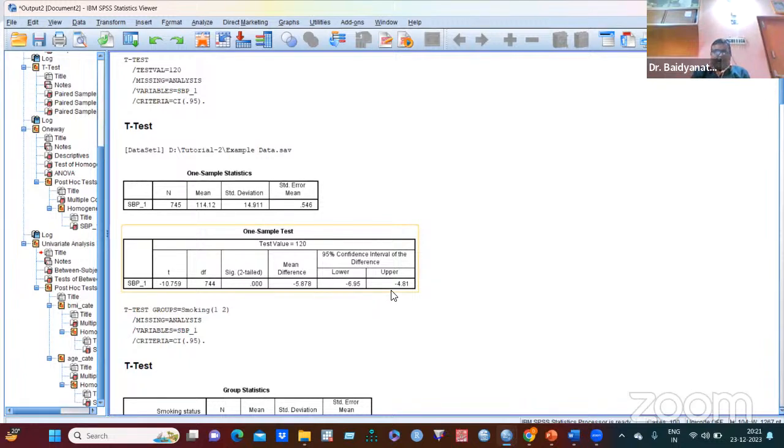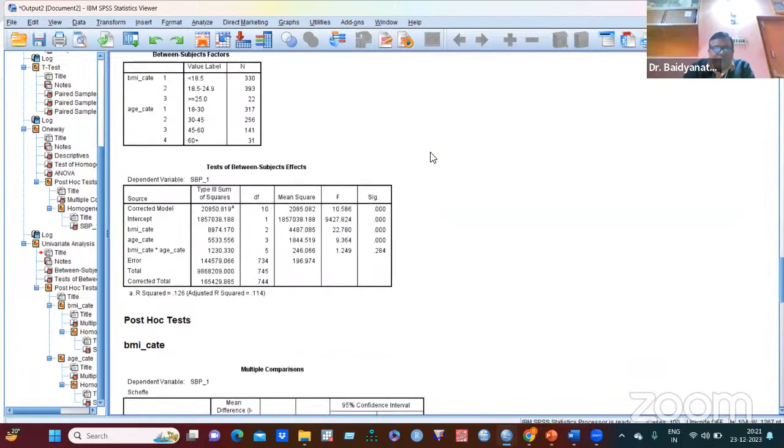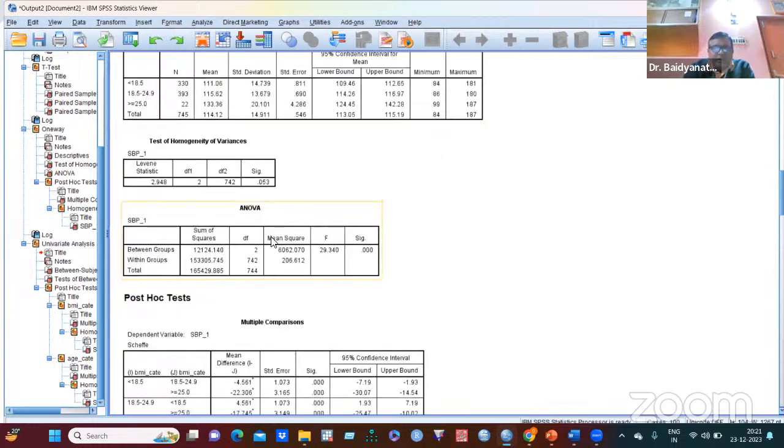Now we go to the ANCOVA. So when we apply ANCOVA, suppose in 1A ANOVA, here we perform 1A ANOVA. If the F value is significant.